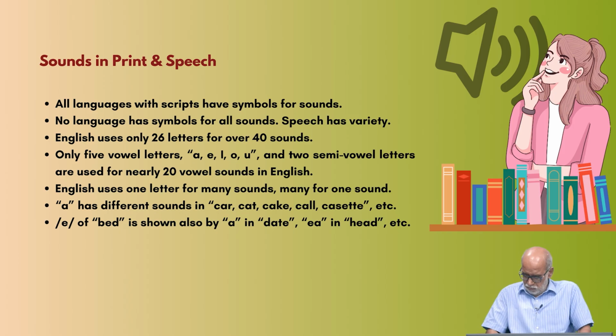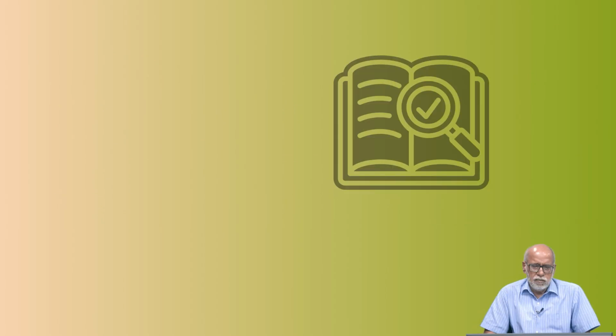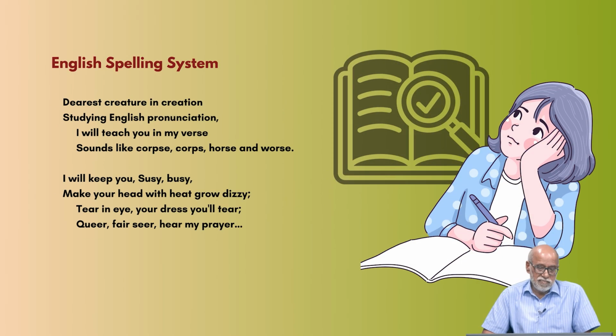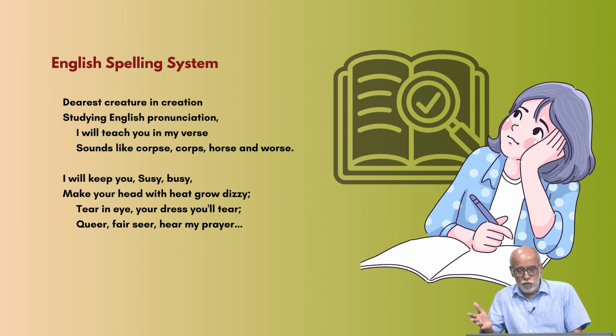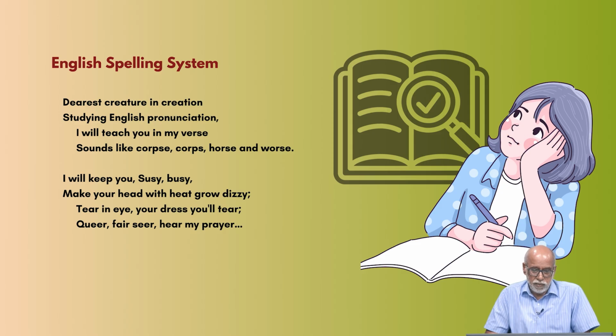And you can see other letters. Actually, a lot of people words dearest, creature, it is not creature, but in creation it is EA once again. So, dearest creature in creation, studying English pronunciation.